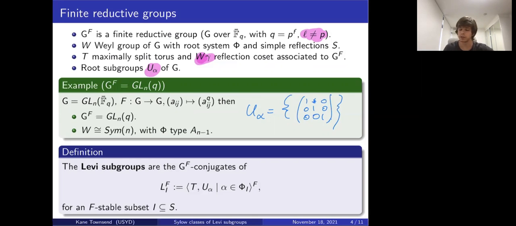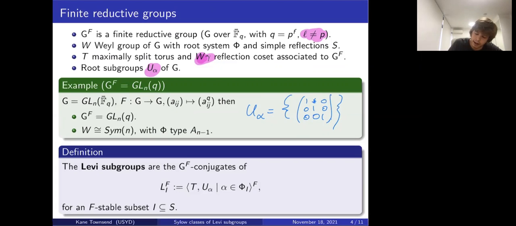So you have ones along the diagonal and some element in one of the other positions, maybe. And so a Levi subgroup is a GF conjugate of this L_I^F.